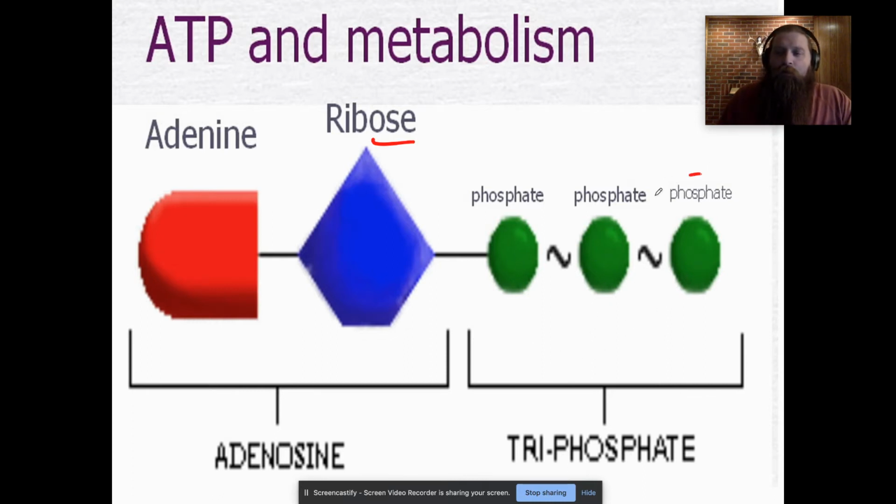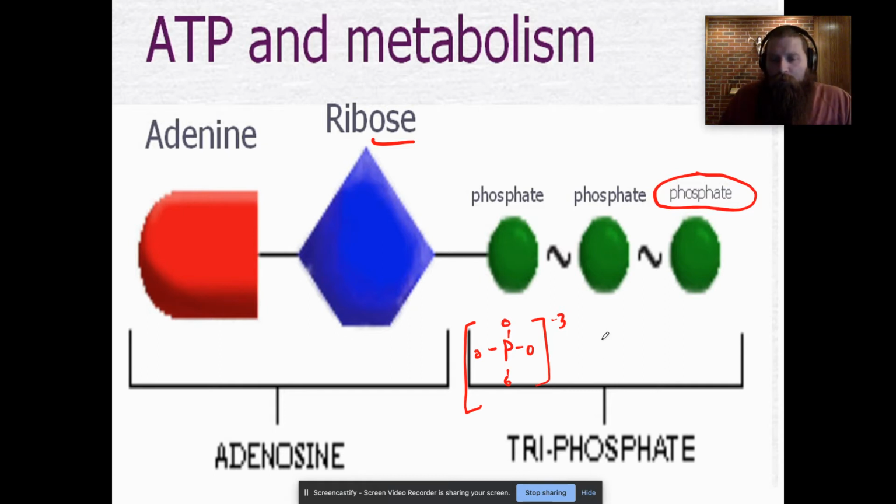And this phosphate is the most important one. Now, phosphate is this molecule right here when it's by itself. It is PO4, phosphorus with 4 oxygens. And we have to draw it in brackets because it has a charge of -3.